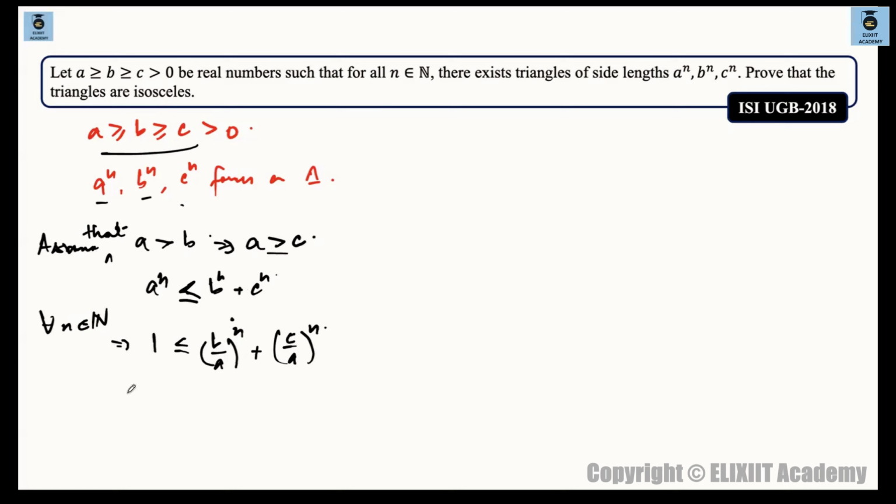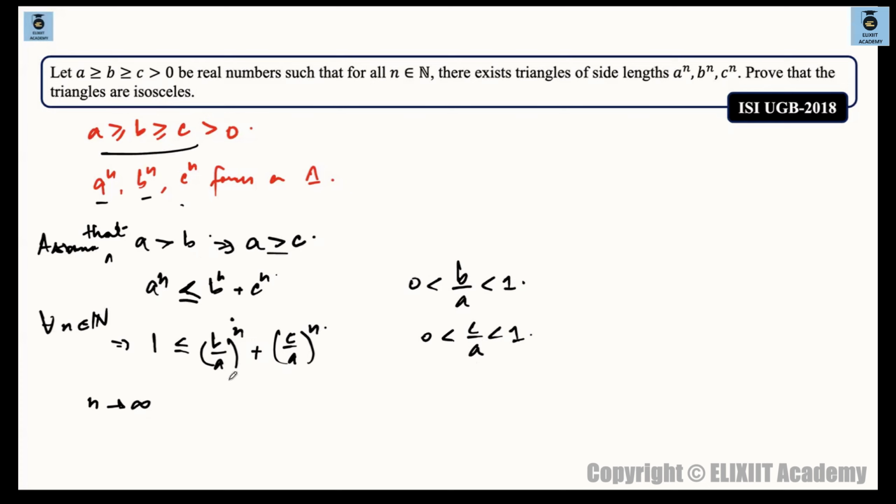ध्यान से अगर देखोगे, as n tends to infinity, if n is a very large number, ध्यान से देखना कि B by A, first of all B by A is more than 0 and, since A is more than B, B by A is less than 1. So B by A is strictly more than 0 but less than 1. Same thing goes for C by A. B by A and C by A lie in between 0 and 1, माने proper fraction, and a proper fraction raised to the power of infinity will tend to 0.